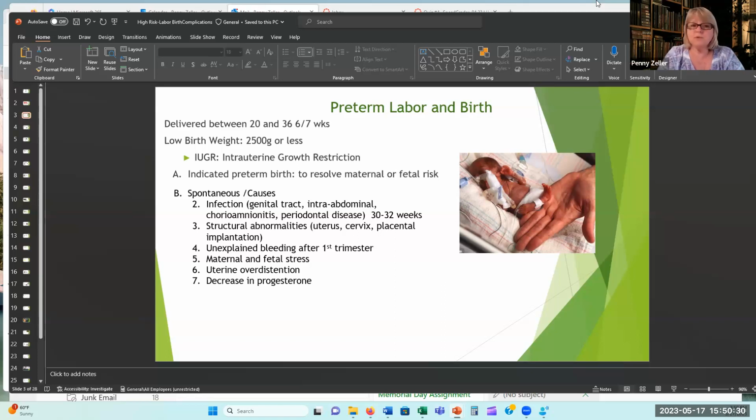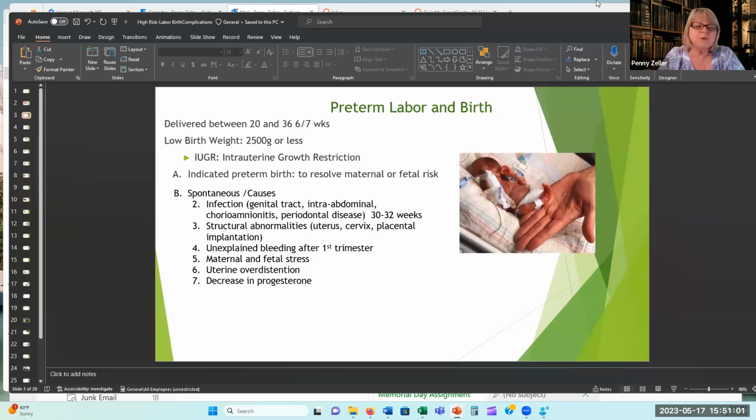And then most of the time it's a spontaneous preterm birth. Infections are usually the number one cause of a spontaneous delivery before 37 weeks. Genital tract or intra-abdominal sexually transmitted diseases, and periodontal disease, can cause preterm labor.